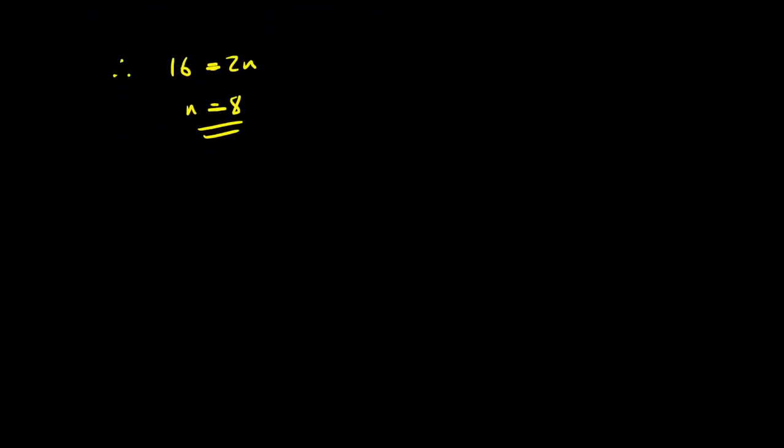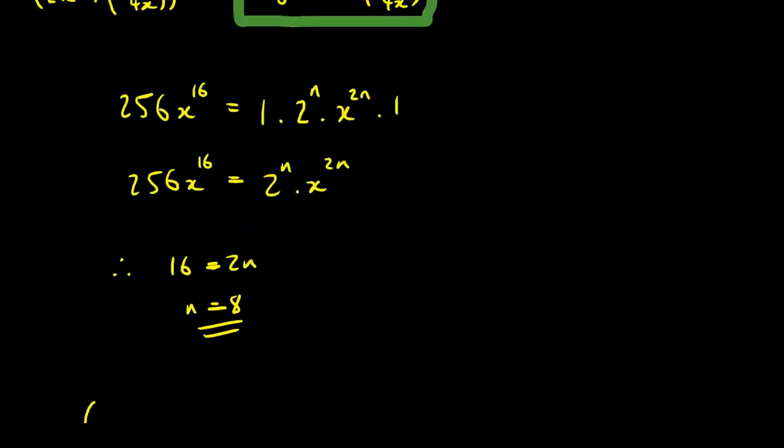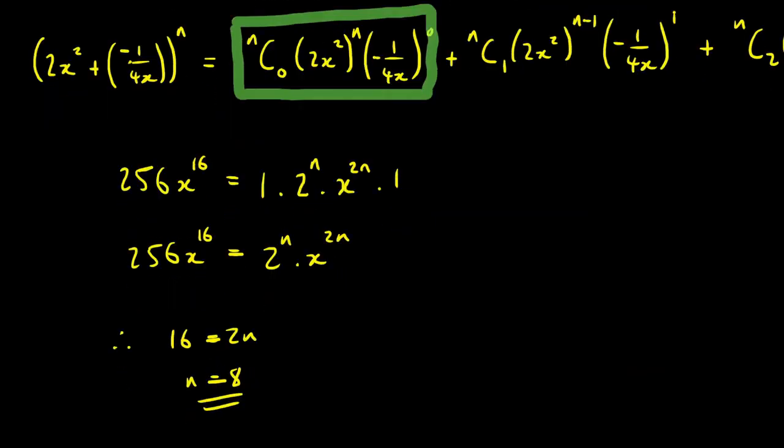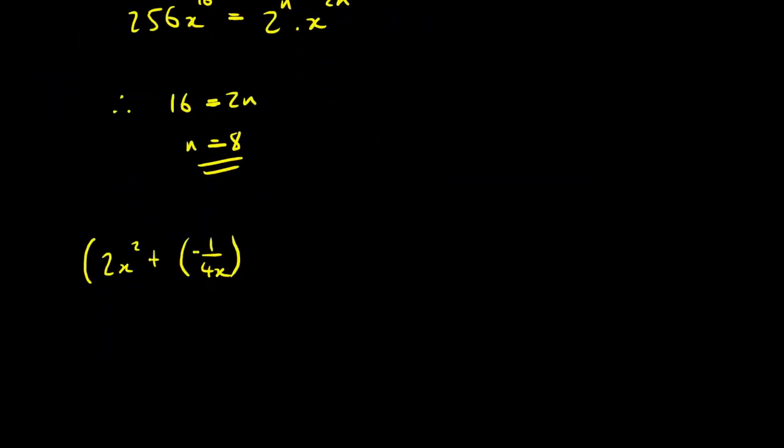I'll just rewrite out the expansion, actually. I think it's probably just easier. So we've got (2x² plus negative 1 upon 4x) raised to the power of 8. And I think it's just easiest to expand it.